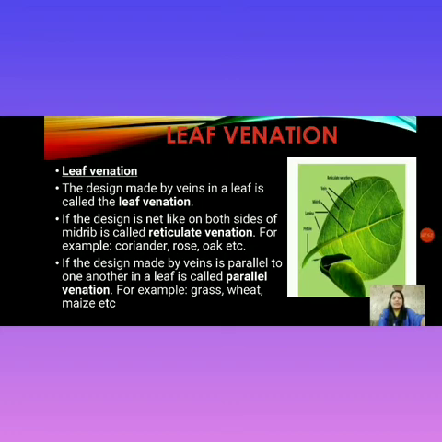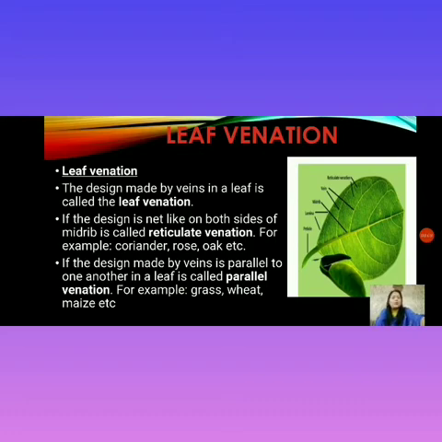If the design is net-like on both sides of the midrib, it is called reticulate venation. Depending on the design made by the veins, there are two types of venation we can find in different leaves.